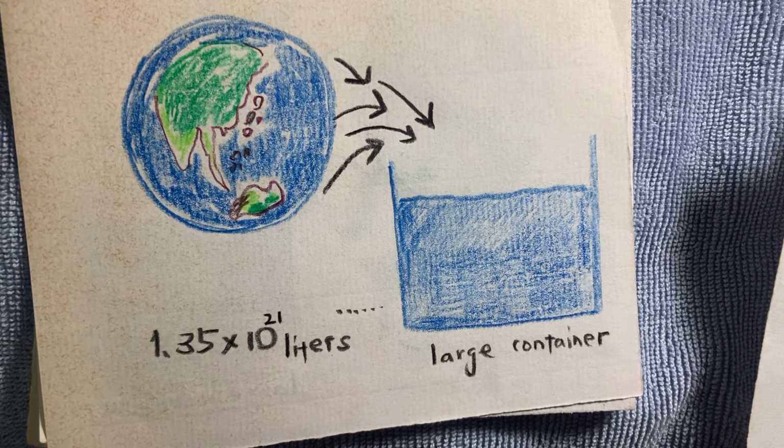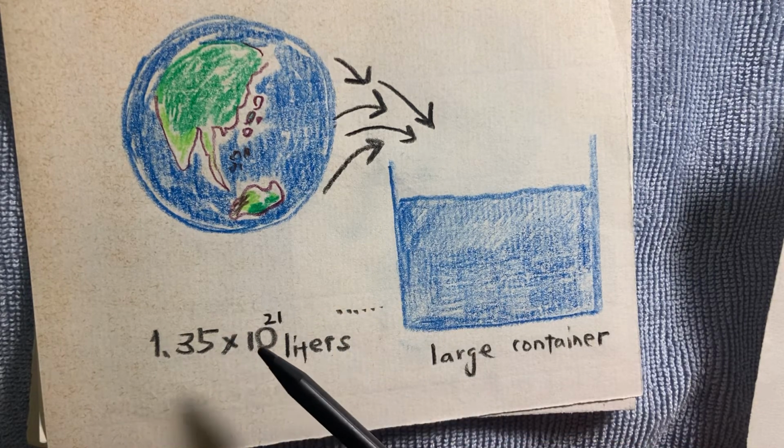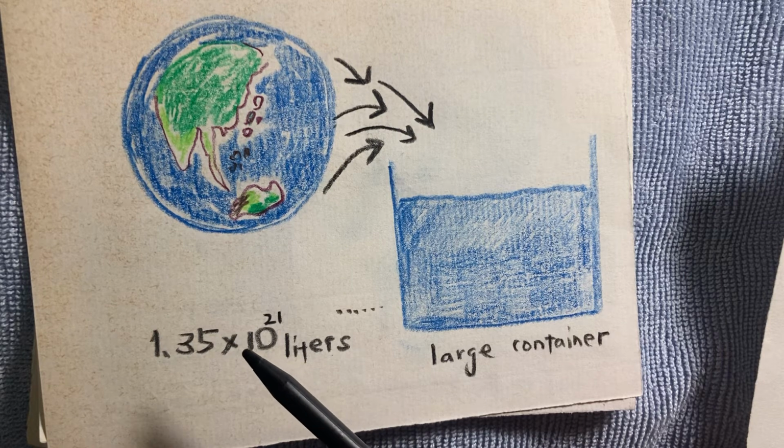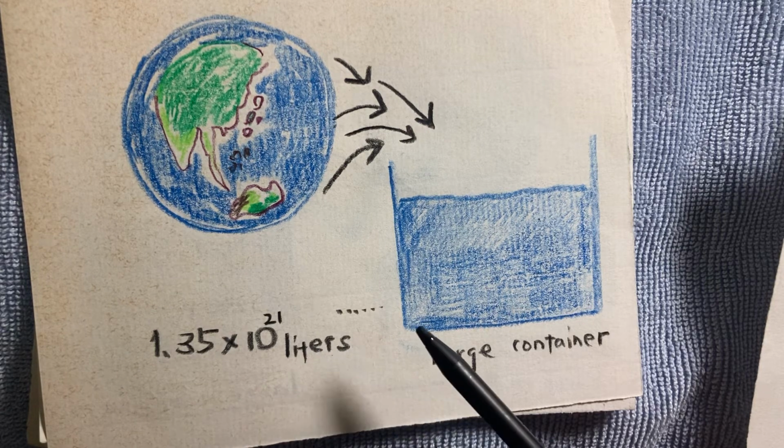It is impossible, but you can imagine it in your head. In this case, the volume of ocean water equals 1.35 times 10 to the power of 21 liters.